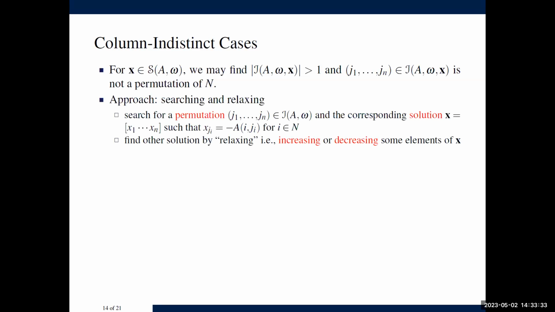Now our approach is trying to imitate the method for the column distinct case. First, we search for a permutation which belongs to the solution indexes, and then find the corresponding solutions, and then find the other solutions to the relaxation, meaning we can either increase or decrease some elements of the solution X. It could be both at the same time.